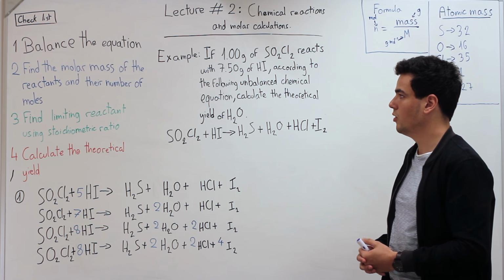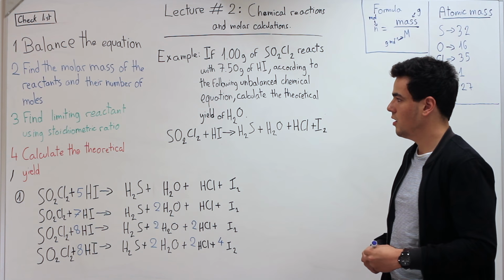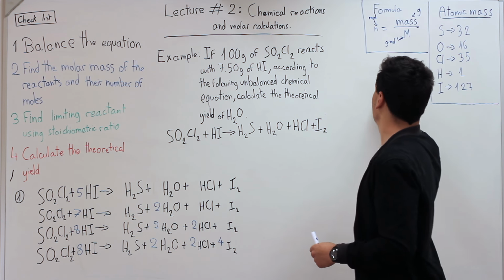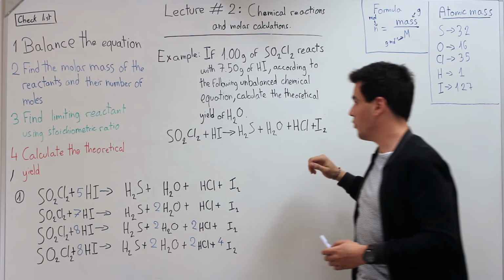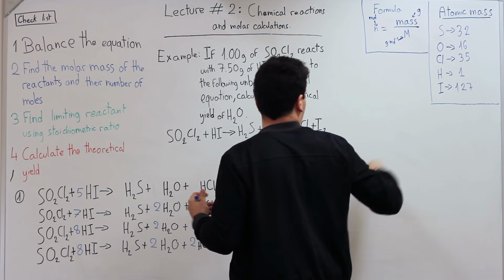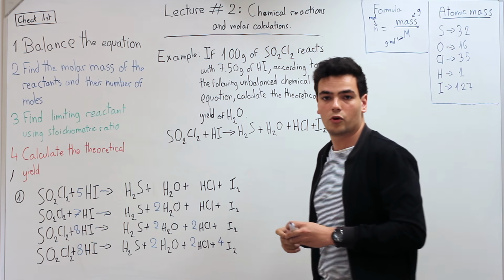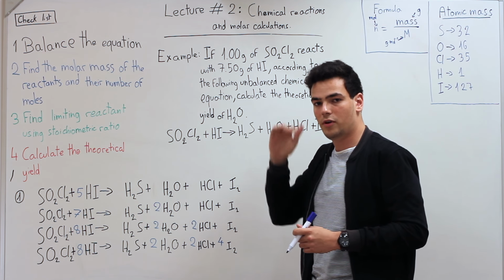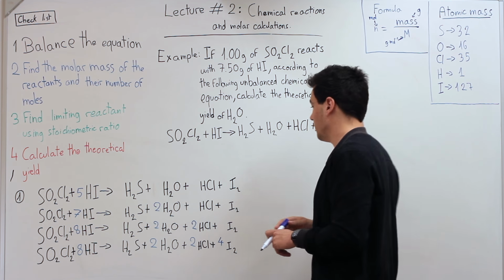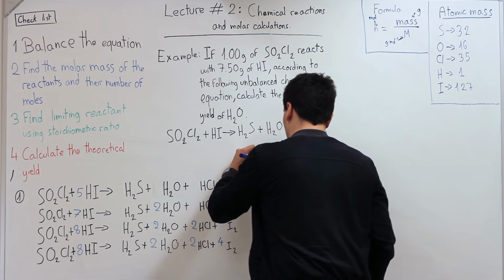We are now going to find the molar mass of the reactants and the number of moles using this formula that I pre-wrote here, and the atomic mass of each of the elements that you can find in the periodic table under the name of the element accordingly. So, number 2.